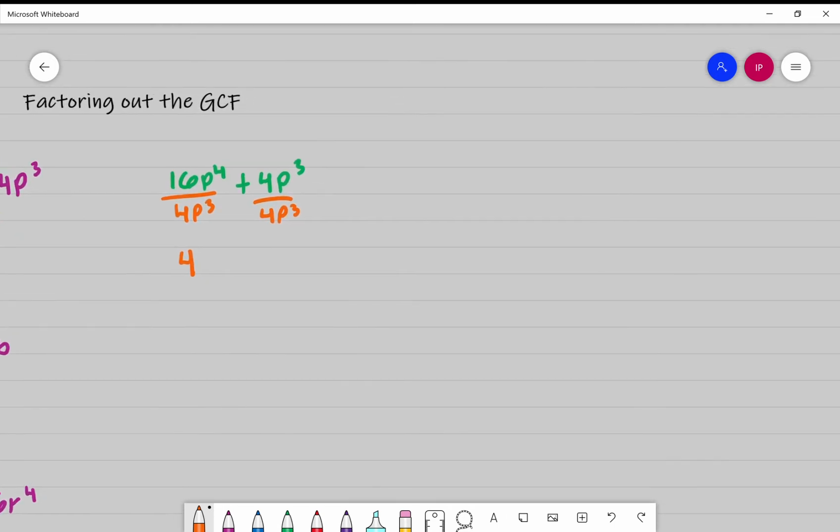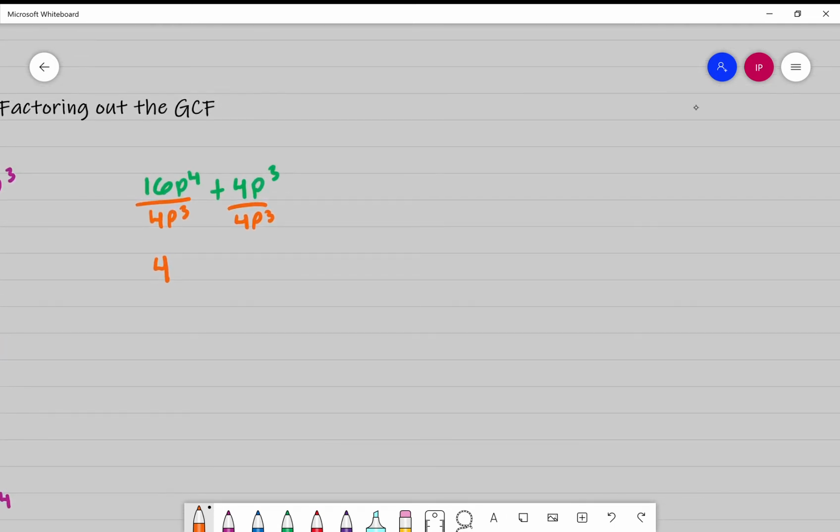If you don't know, when we divide variables with exponents, all we're doing is taking the top number and subtracting the bottom number. So 4 minus 3, which is 1. So our answer is p to the first, or just p. So we have 4p. Alright, bring down the plus sign.